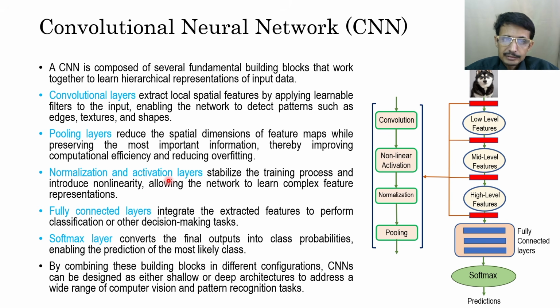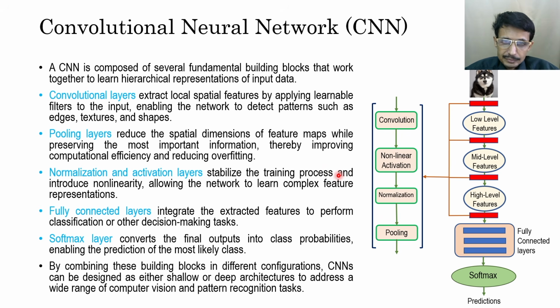Next come the normalization and activation layers. Activation layers we know very well because activation layers impose nonlinearity on our hypothesis function. So basically this nonlinearity is used to learn complex feature representation. Another thing, the normalization. Normalization stabilizes the training process.